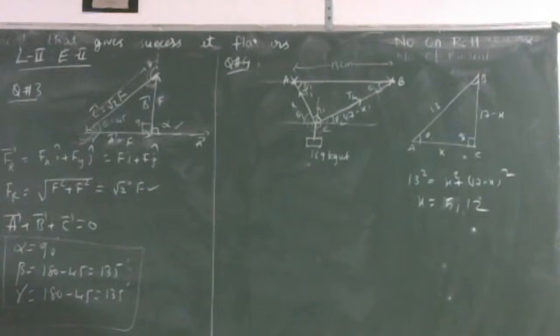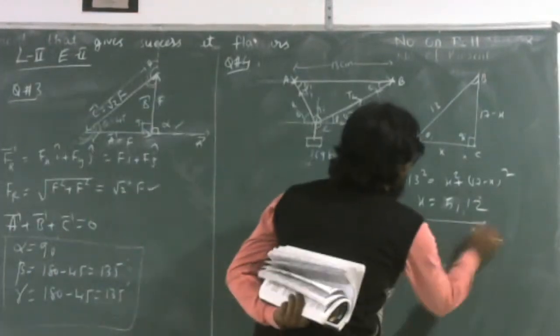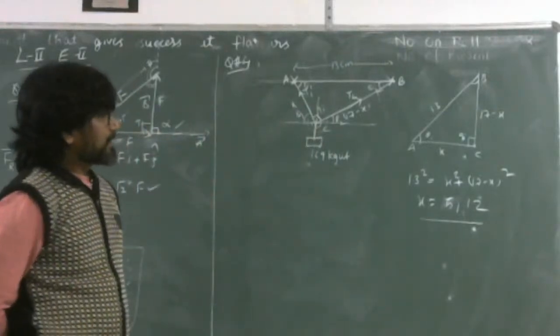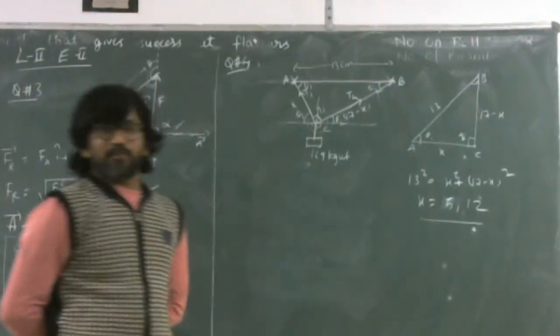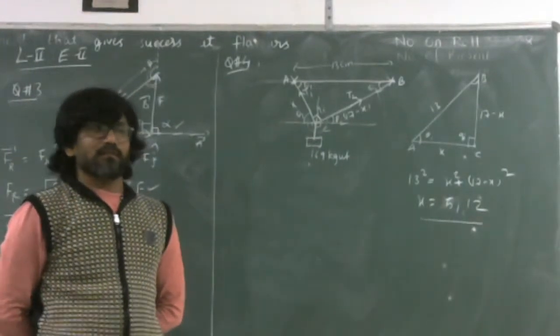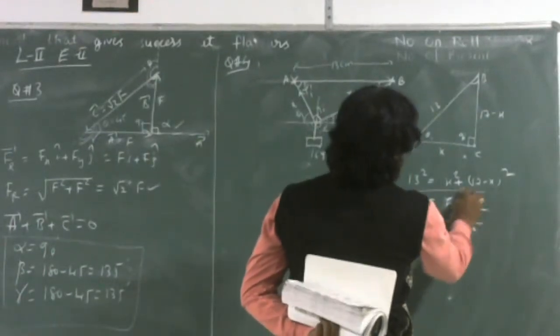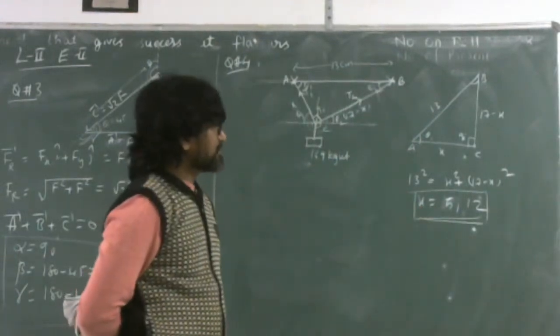Five and 12. Roots should be 5 and 12. Should we get x is equal to 5 and minus 12, or 5 and 12? Plus 12? So x can be... check it out.